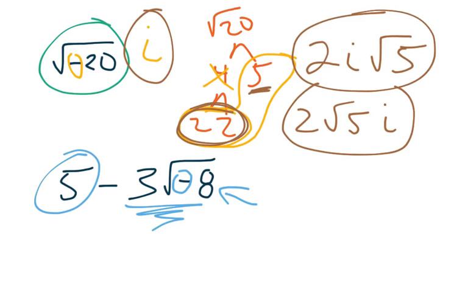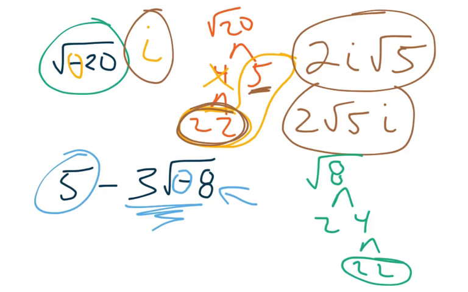But all I have to do is take the square root of 8. Let's break it down: 2 times 4, 2 times 2. Again, I have a pair of 2's, so I know I have a regular 2. The extra 2 stays as square root of 2.